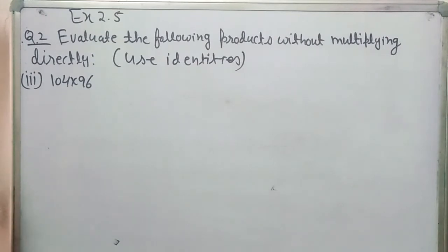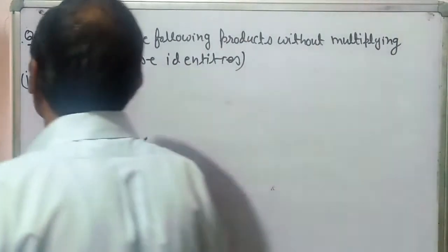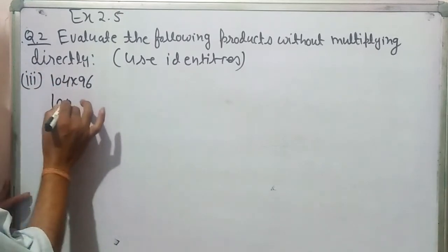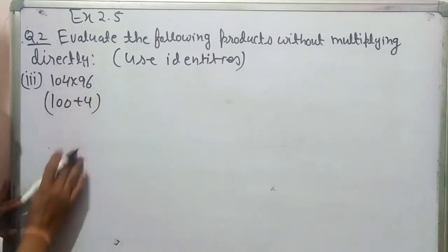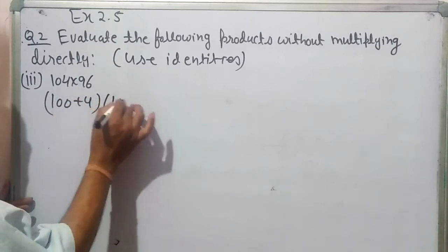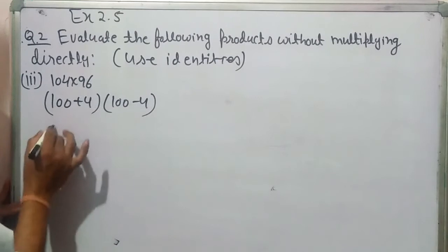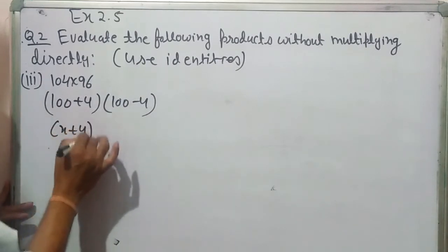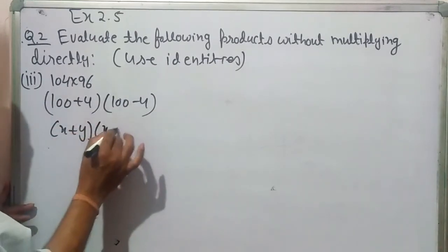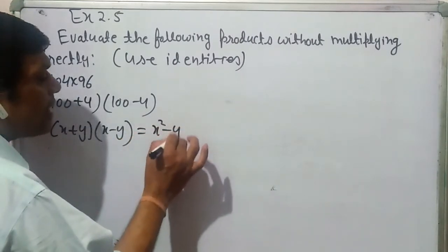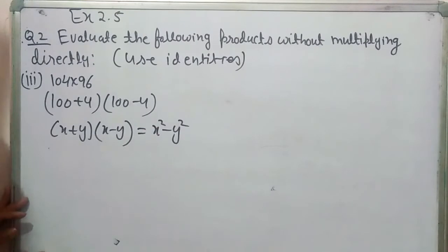Dear students, the next part, third part, is 104 multiplied by 96. How shall we break this? We shall break this as 100 plus 4. How much is 96? 100 minus 4. Now here the identity that best fits is (x plus y) multiplied by (x minus y) is giving x square minus y square.